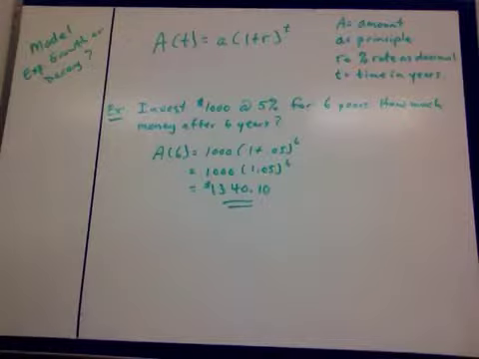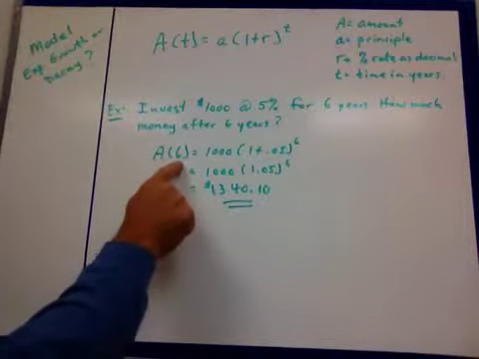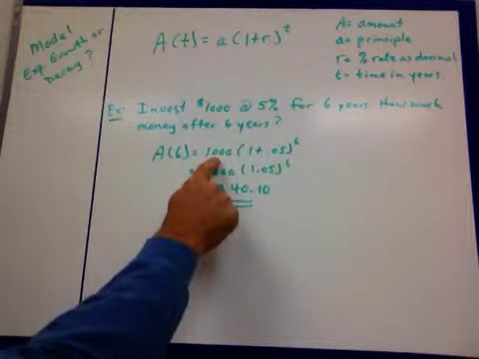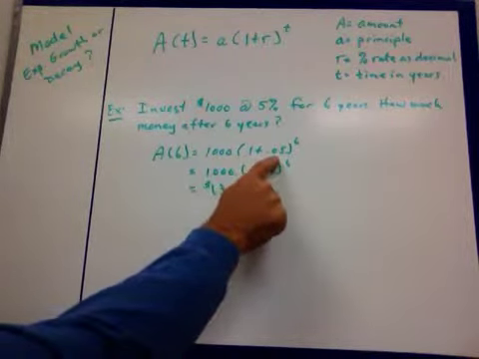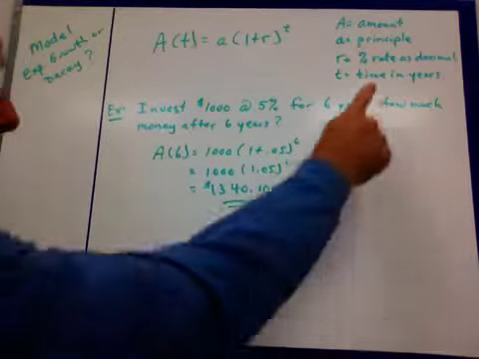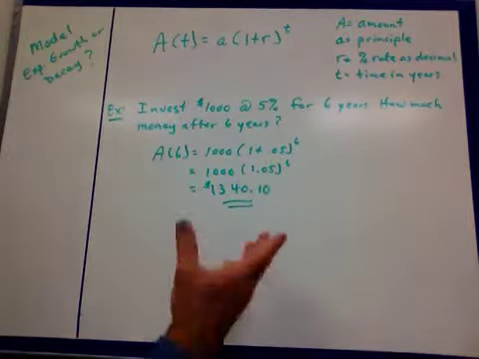Let's say you invest $1,000 at 5% for 6 years. How much money would you have after 6 years? Well, the amount after 6 years, A of t, t is 6. So I put in my initial amount, 1,000, times 1 plus my rate. Notice 5% is 0.05 as a decimal. Then do the math.